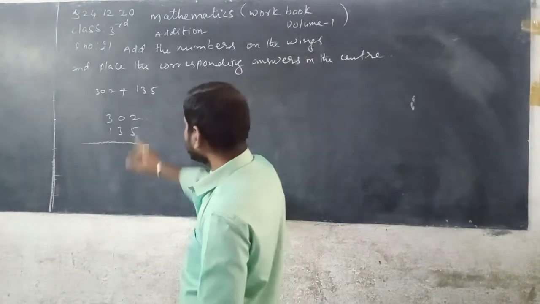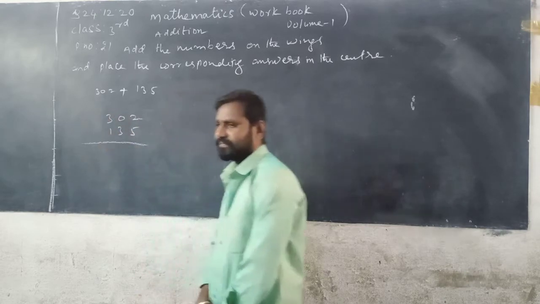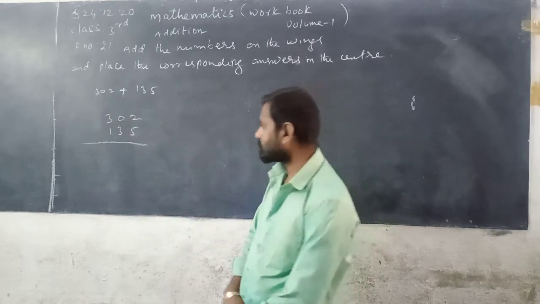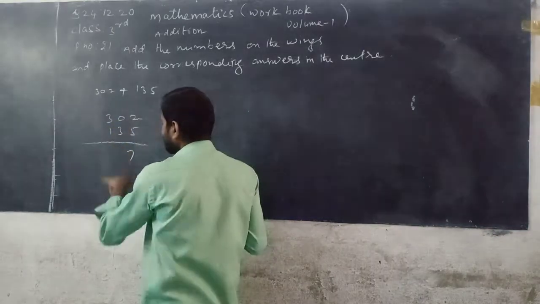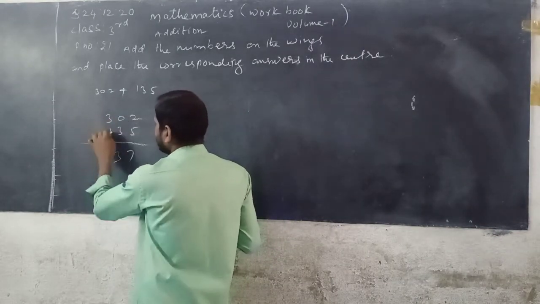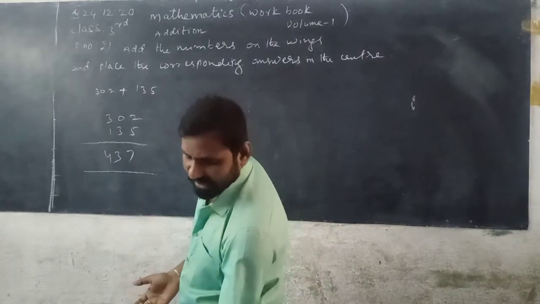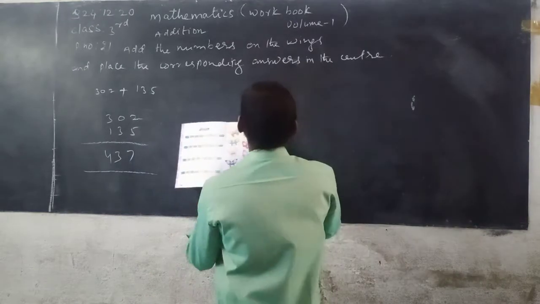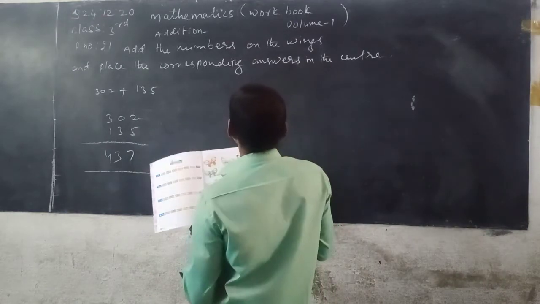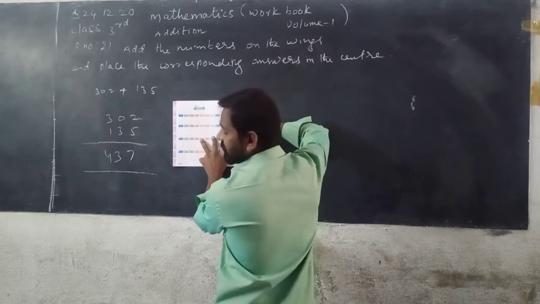First add the digits in ones place, next the digits in tens place, next the digits in hundreds place. 2 plus 5 is 7, 0 plus 3 is 3, 3 plus 1 is 4. Then you can write 437 in the center of the butterfly. See here, 437.